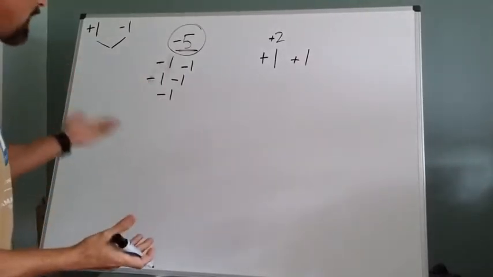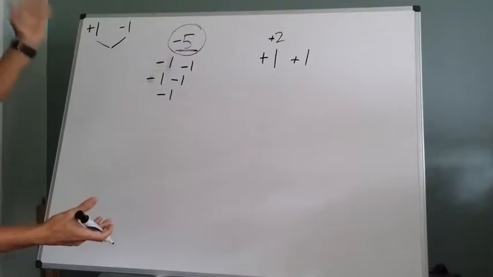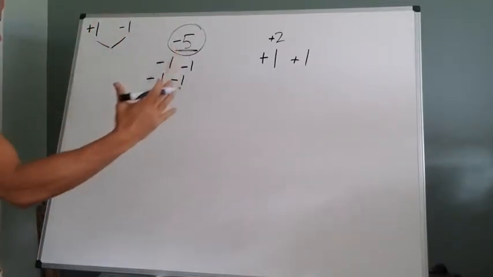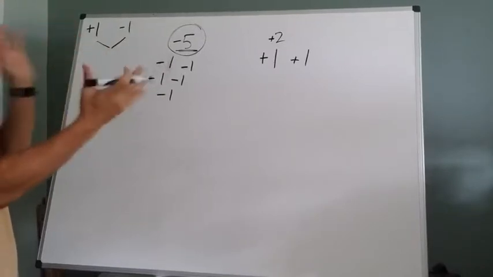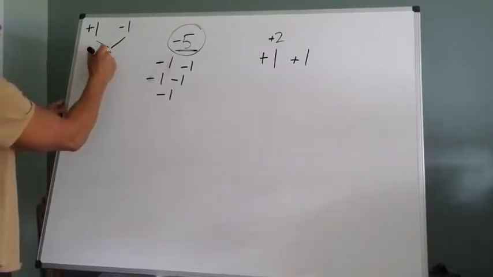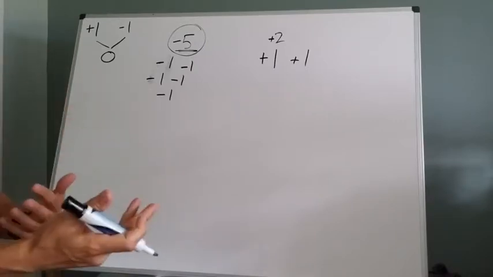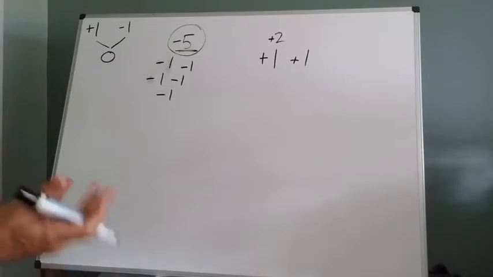So I take one +1 and one -1. If I smush those together, they cancel each other out and they become 0. So if you don't understand the concept, just think about money. If I give you $1 and then I take $1, then you're back at 0.